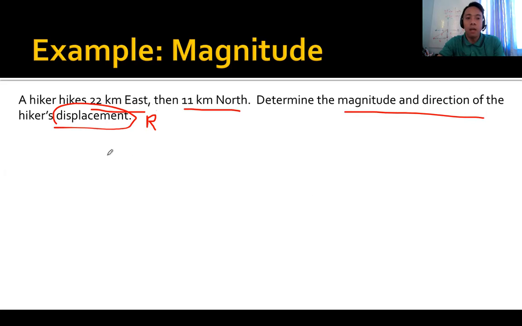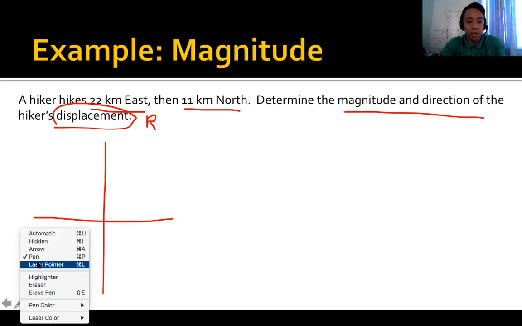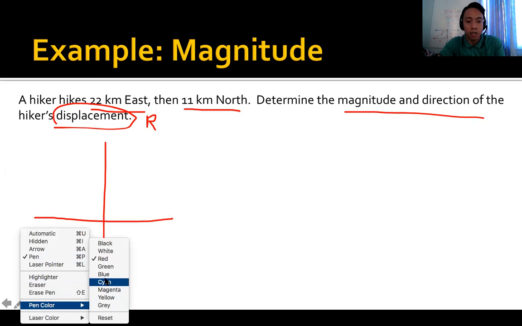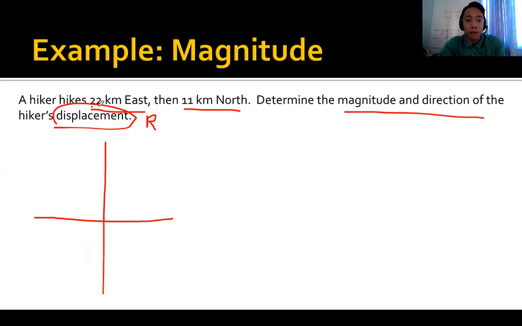So we will draw a Cartesian plane, of course. We will now draw the first, which is 22 kilometers east. So east natin.